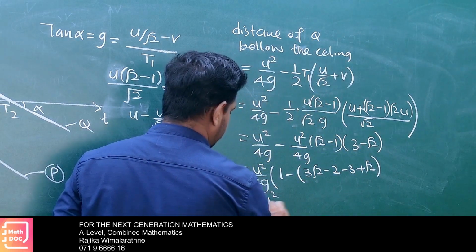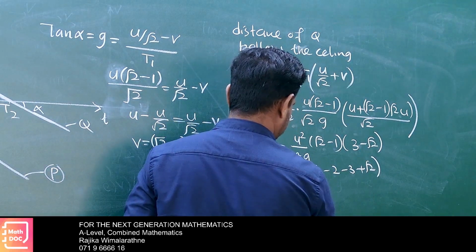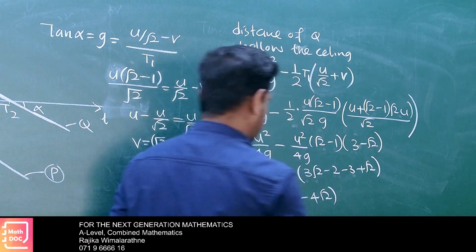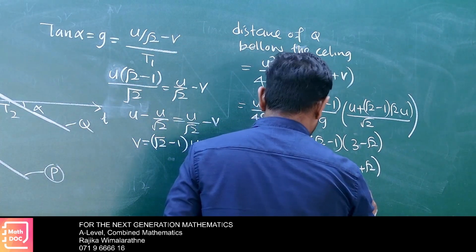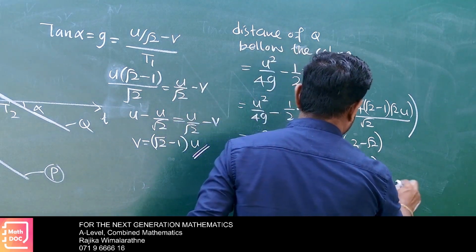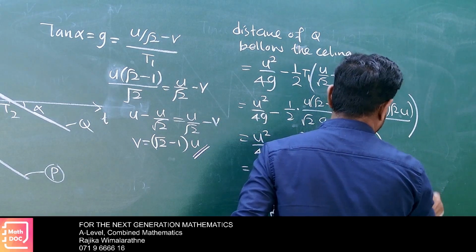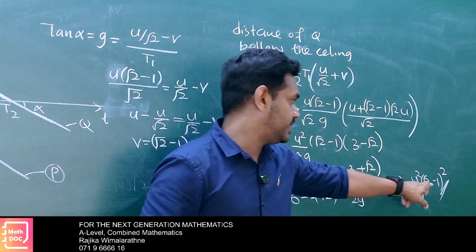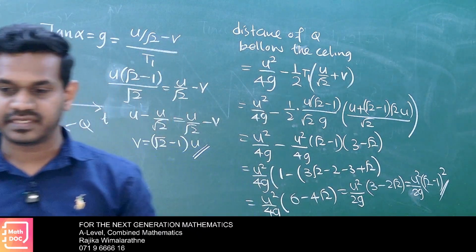Further simplify, U squared over 4g, here it is. Now further we can simplify, U squared over 2g divided by 2, times 3 minus 2 root 2. Here further we can write U squared over 2g times root 2 minus 1 squared, since 3 minus 2 root 2 is root 2 minus 1 squared. Okay. Continue and complete.